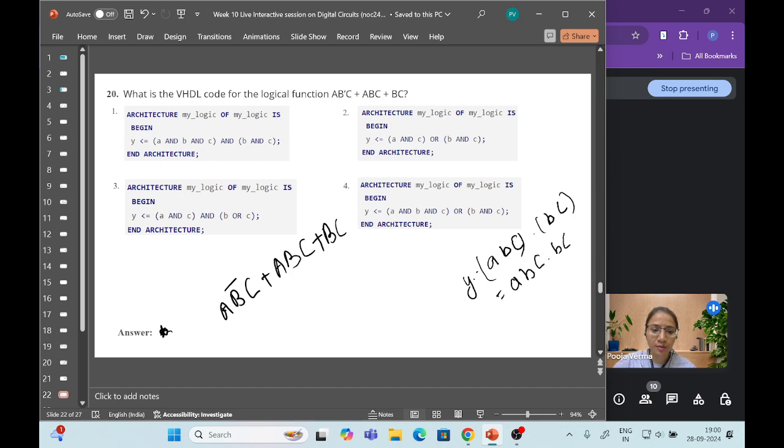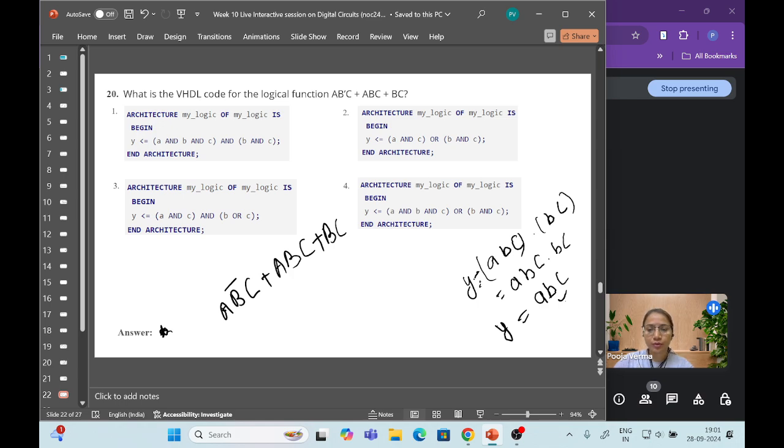That means when we multiply, we will get only ABC. So it is not matching this logical function, right? Please try to answer in the chat box which options can be correct. The first one is not matching this logical function because it is implementing only ABC.